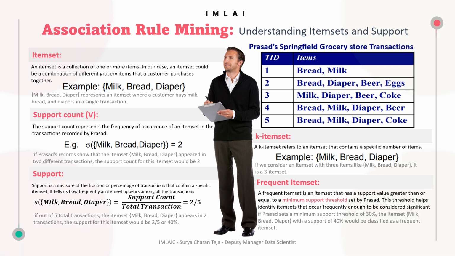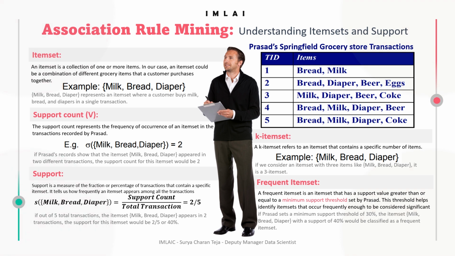So in simple terms, Prasad analyzes the transactions in his grocery store to understand which items are frequently bought together. He defines an item set as a collection of one or more items.